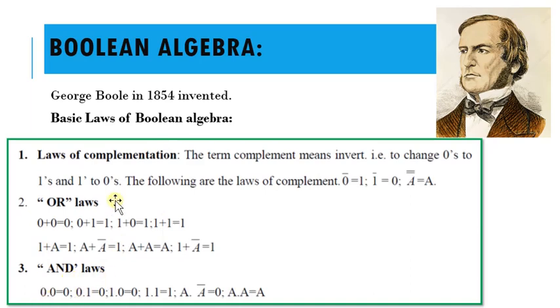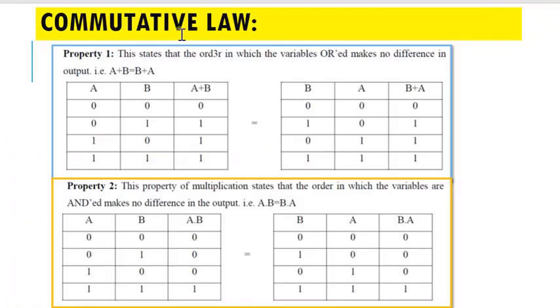The same thing is continued further when we represent the commutative law or any other law, that is the associative law, or if we are going to see De Morgan's theorem. You have to remember that OR is represented by a plus and AND is represented by a dot.